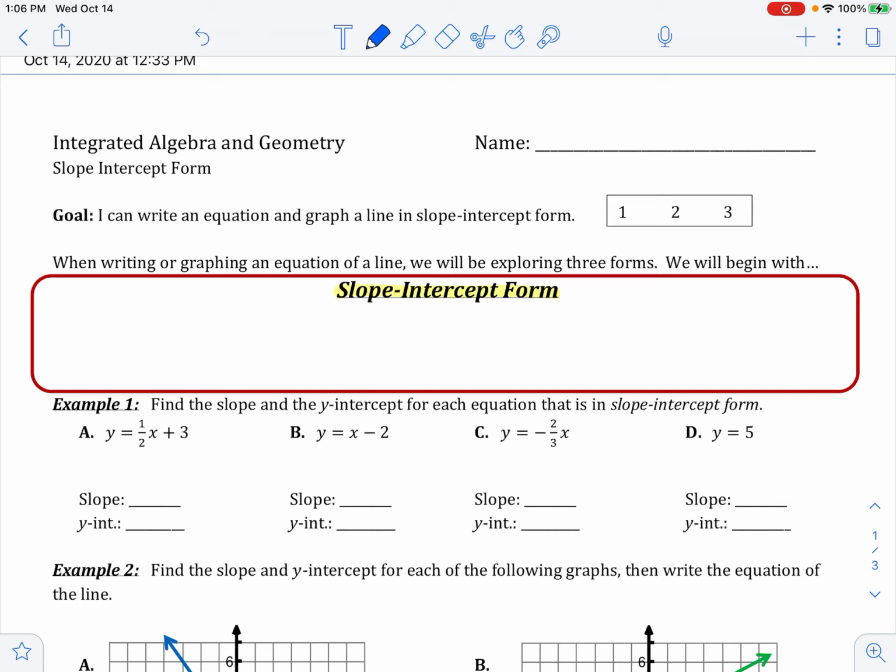Let's talk about slope-intercept. Slope-intercept is in the form y equals mx plus b. So you should be saying, oh yes, we've been working in slope-intercept form this whole time.